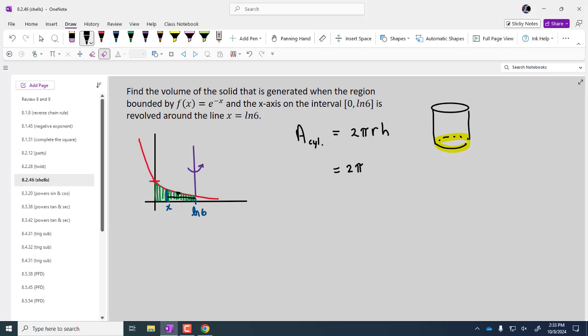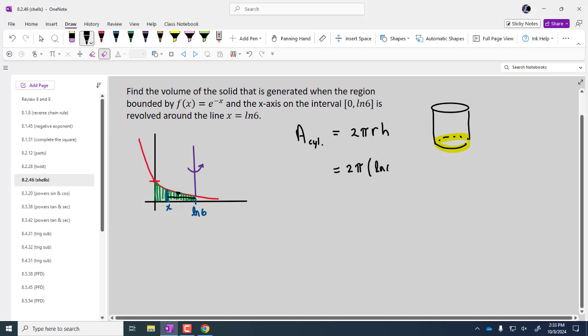So the x value at the right end of our radius is natural log of 6. The x value over here is just x. So natural log of 6 minus x is the radius.